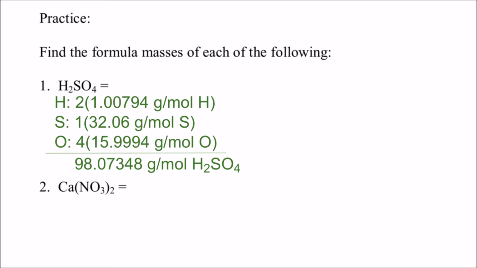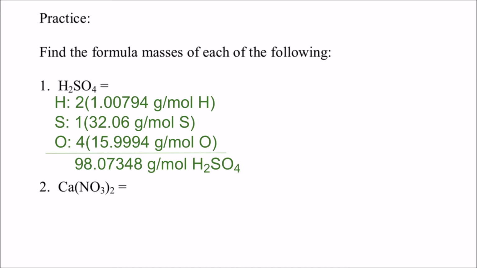And we have 4 oxygens, which are 15.9994 grams per mole. Multiplying all this stuff through and then adding it all together, we get 98.07348 grams per mole of sulfuric acid. So hopefully you came up with the correct formula mass or molar mass, and hopefully you got that bonus right by getting the name correct.